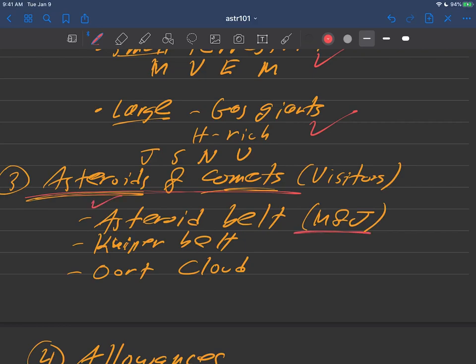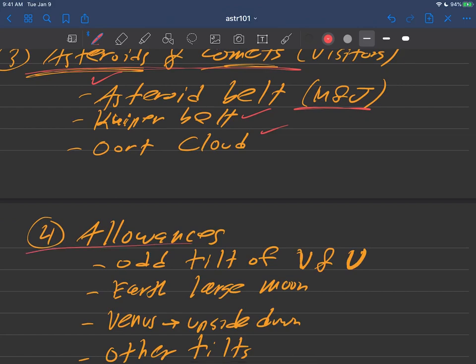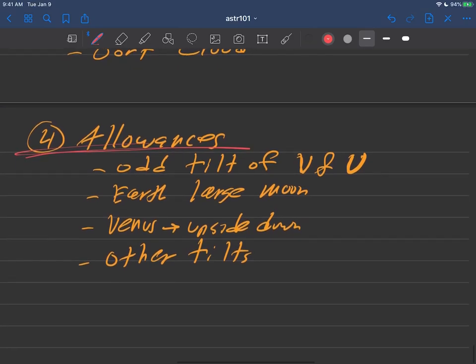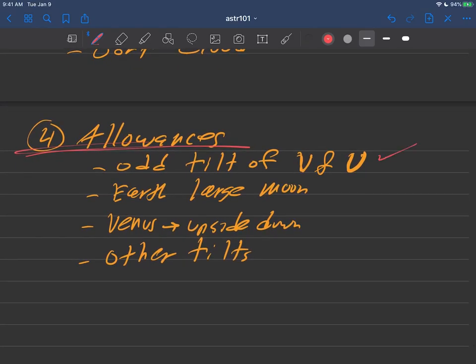There's an asteroid belt between Mars and Jupiter at the moment, and there's the Kuiper belt and the Oort cloud out there. And any theory can't be totally strict. There have to be some allowances to describe some of the weird things that we see, in particular the odd tilt of Venus and Uranus, the fact that our planet has a relatively large moon, and, as I mentioned, Venus is upside down, and other tilts of the planets.